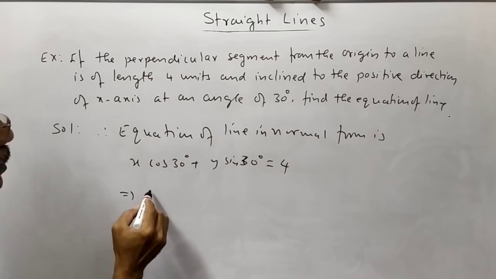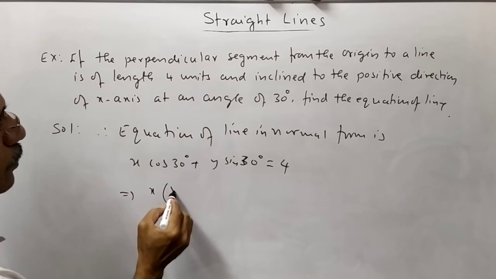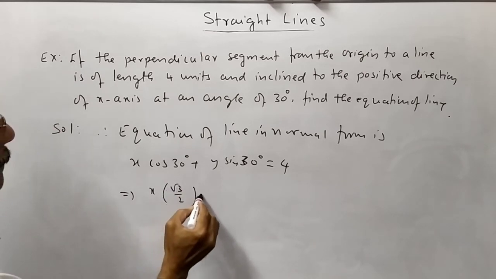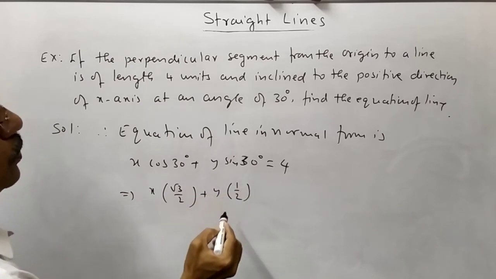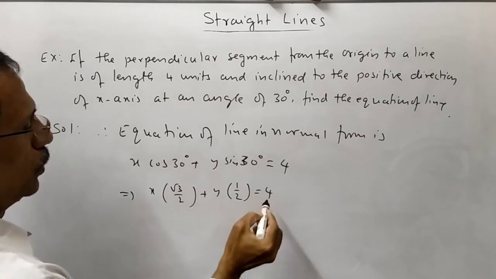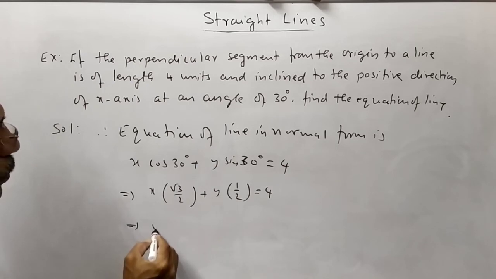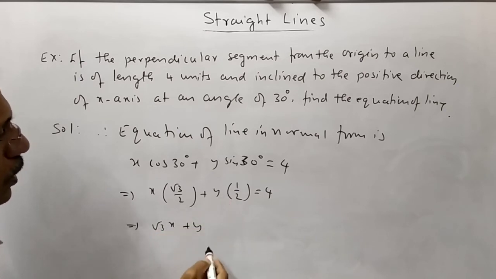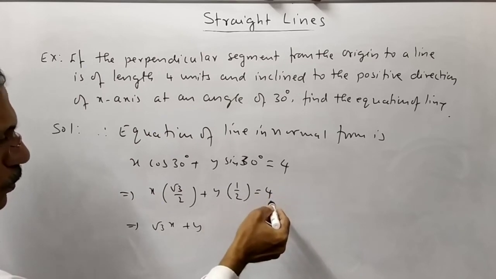This implies x into root 3 by 2 plus y into 1 by 2 is equal to 4. Taking LCM and simplifying, root 3 x plus y is equal to 8.